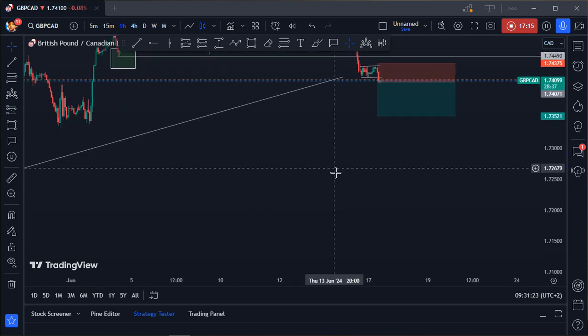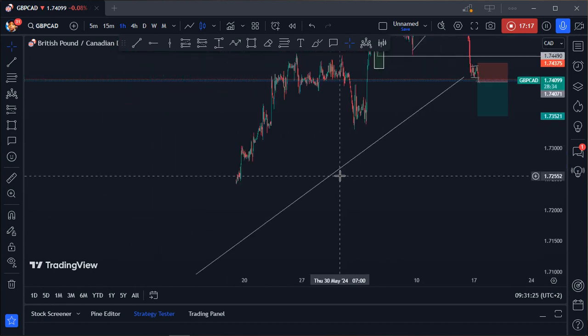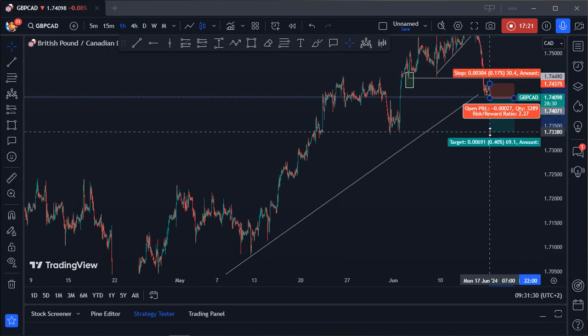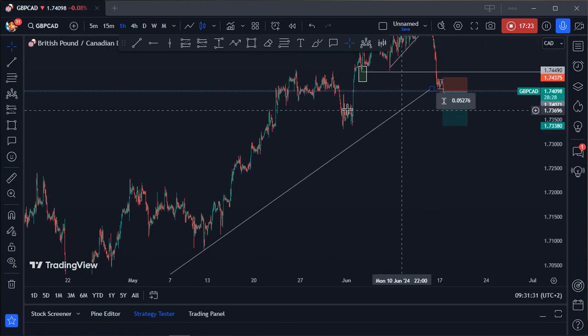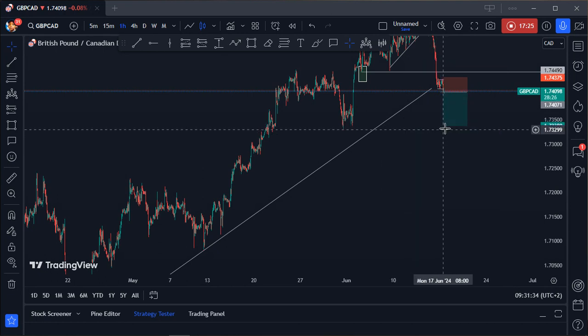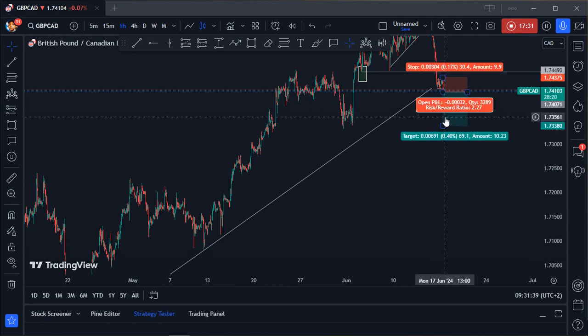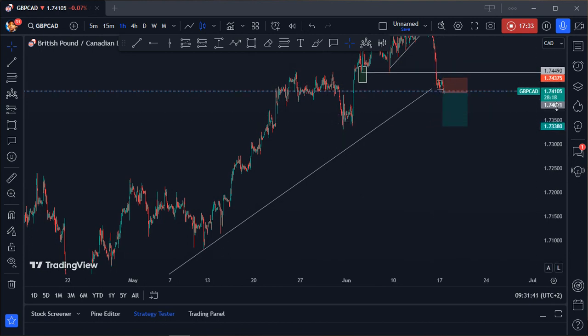So this is where my stop loss is currently around. So I'm just playing this range. As you can see, from here to here I'll be around 2.3% in profit, and I'll be on break even.